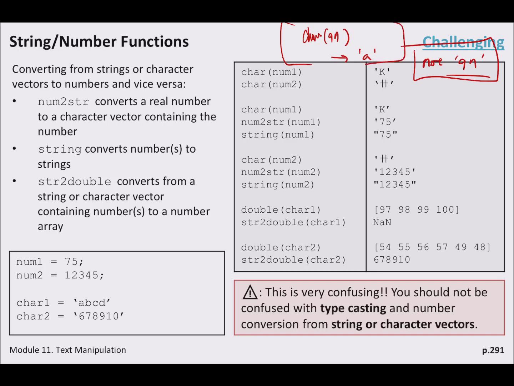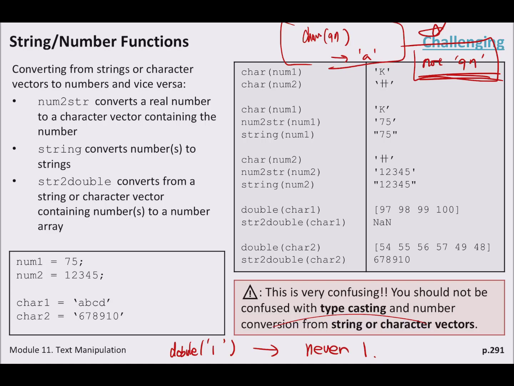You should not confuse this. Again, what is this one? Double. This one is a numeric value that maps to the equivalent number of the one character, not the numeric value 1.